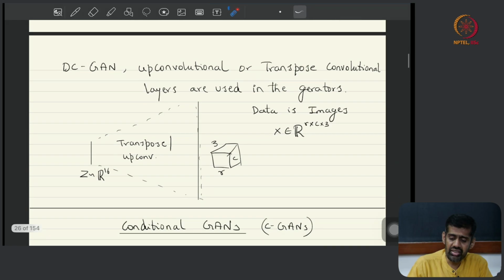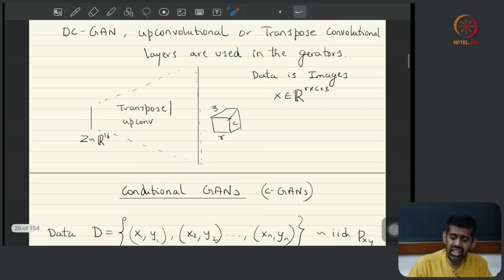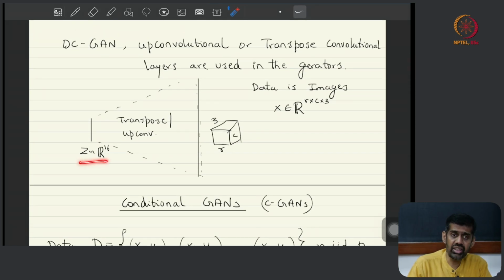So, what is done is that in a DCGAN, you start with a lower dimension of the input random variable, and you keep increasing the dimensions of the generator network in such a way that the output dimension matches the dimension of the input data, because the sample space of p theta and px has to be the same, right. Finally, you need to get an image at the output.